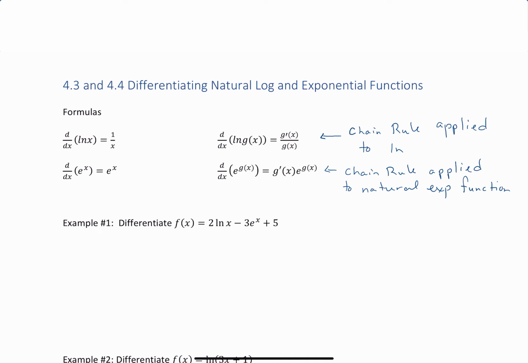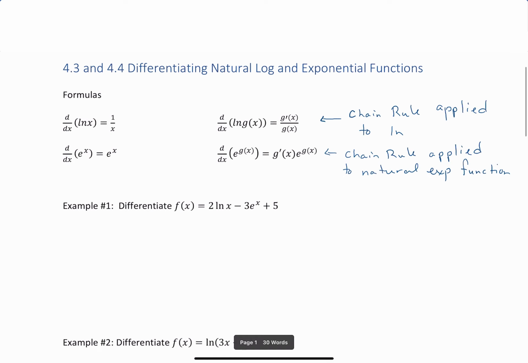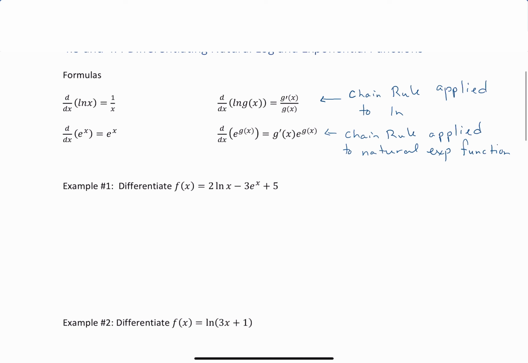So you do need to learn these, and let's see how to use them. So first, let's differentiate f of x equals 2 times the ln of x minus 3e to the x plus 5. So f prime of x, and be sure to label this, don't just write down the expression without saying what it is. And I'm going to actually put in an optional step here.